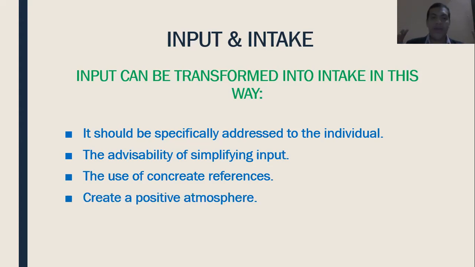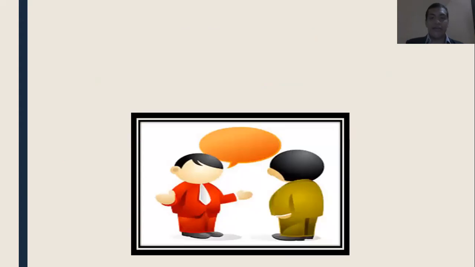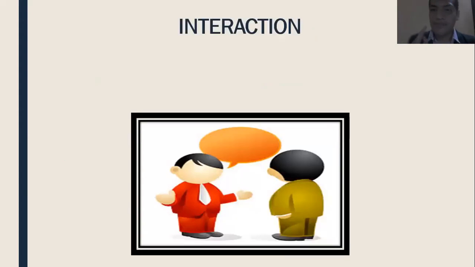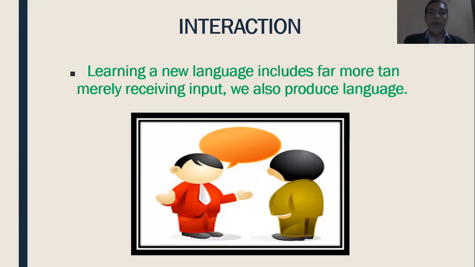And a positive atmosphere should be created. That is intake. Another important aspect in language teaching is interaction. What is interaction and why is it really important? Learning a new language includes far more than merely receiving input. We also produce, so input is really important, but language must be communicative.